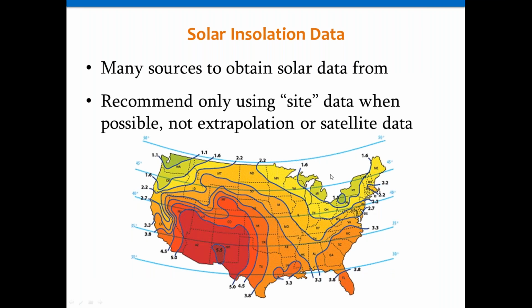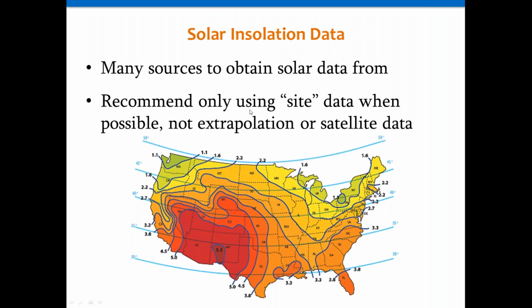For a quick map below, you can see general solar insolation values throughout the United States. In the Southwest, it ranges from 5 to 5.5 and up sun hours per day, down to 1 or less in the lowest solar resource areas.